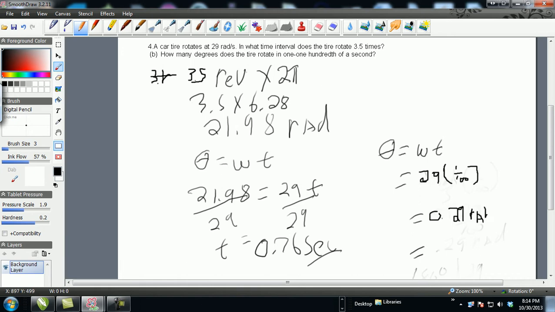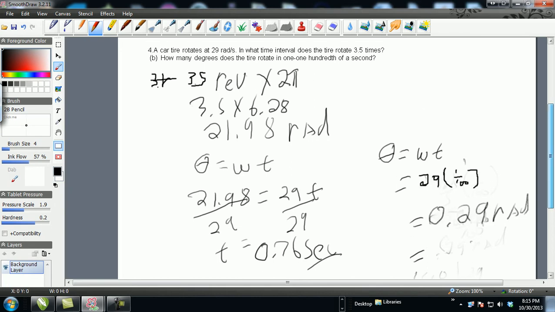Now that tells me, oops, I'm using the mouse again. Let me go get the pen, sorry. I get 0.29 radians. Got to convert that to degrees.